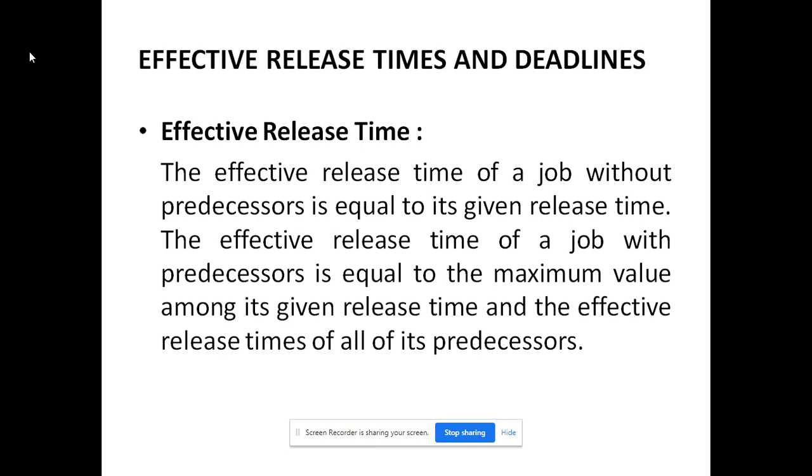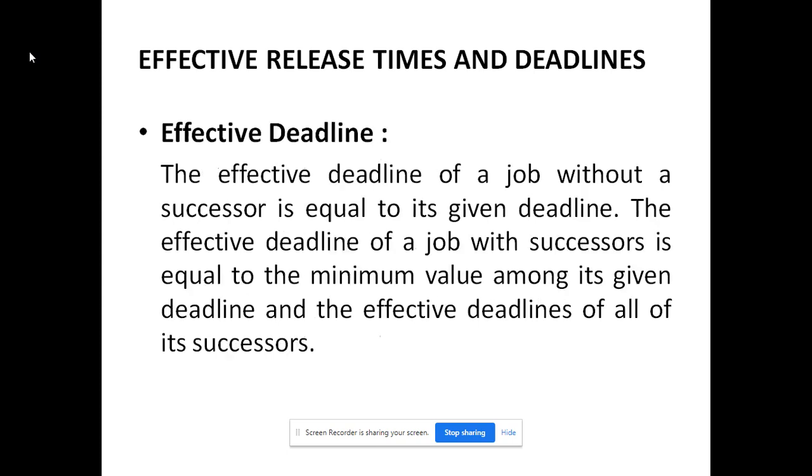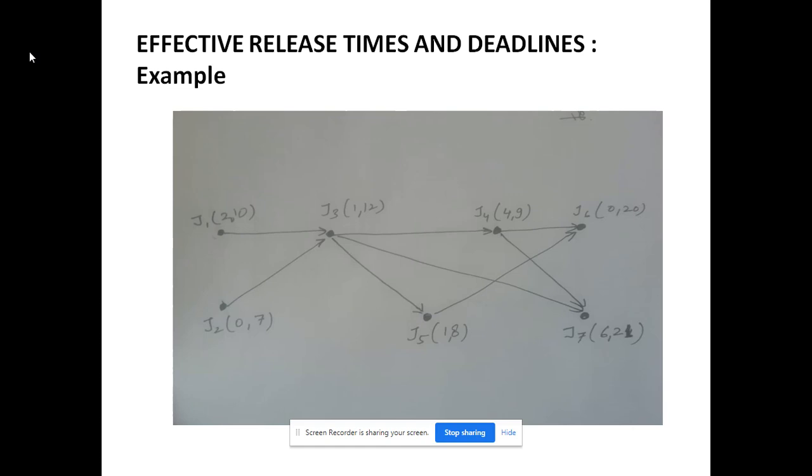So in the given release time and deadline of a job, in this example, this is job J1. In this parenthesis, the first number shows the release time of J1 and this 10 is the deadline of J1.